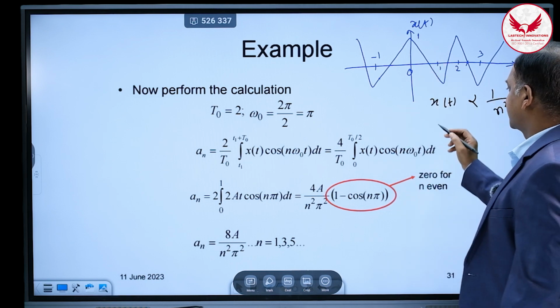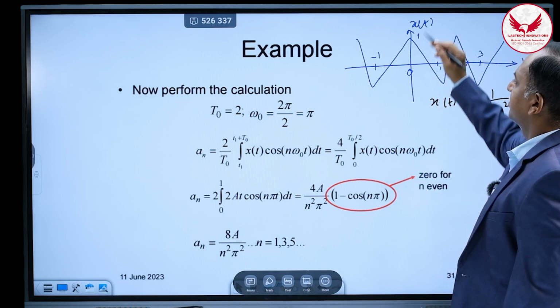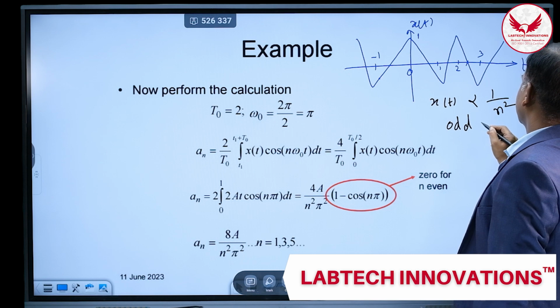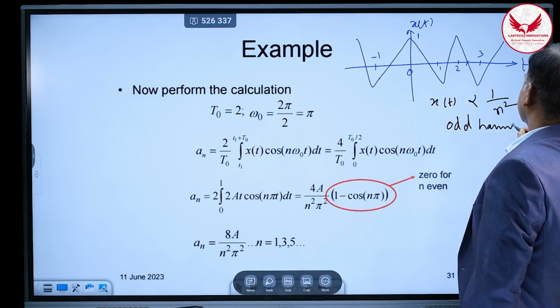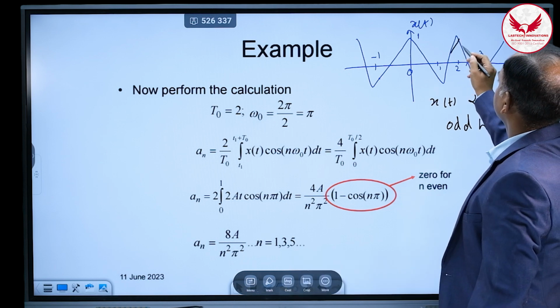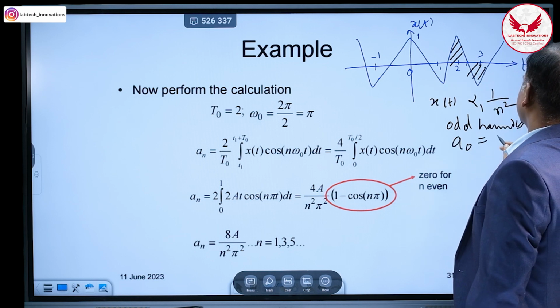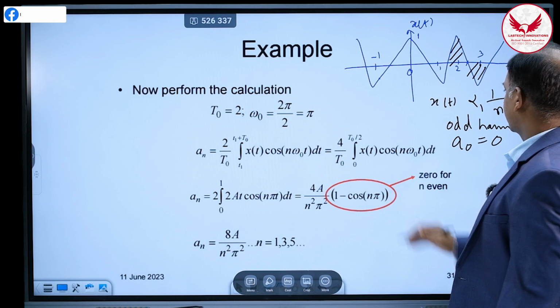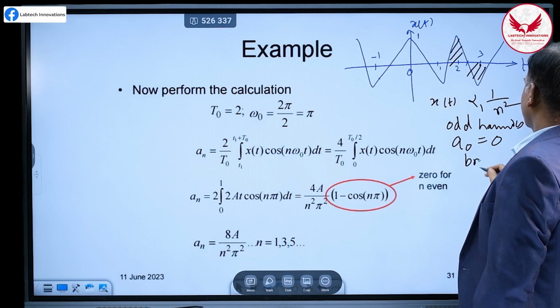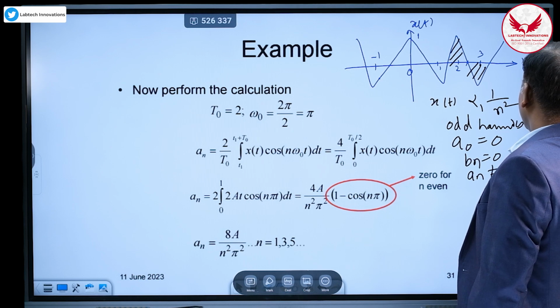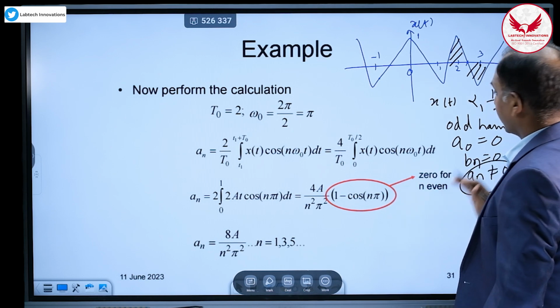And this signal exhibits half wave symmetry, so only odd harmonics exist, and there are equal positive and negative half cycles. So a0 is equal to 0. The signal is even. If the signal is even, the bn coefficient is equal to 0 and the an coefficient will not be equal to 0. You only need to find the an coefficient.